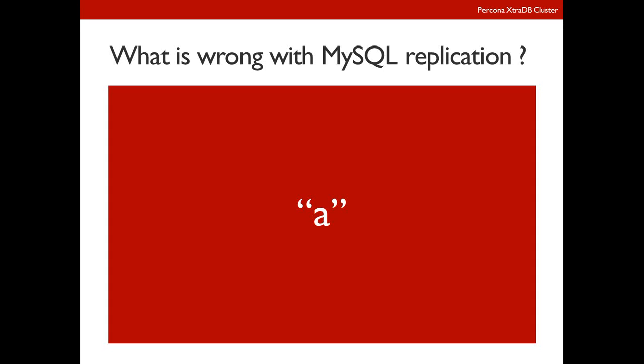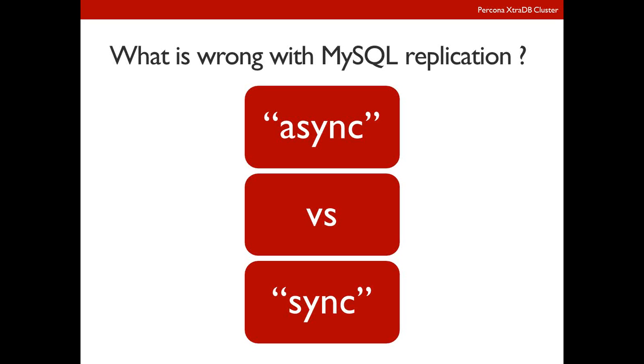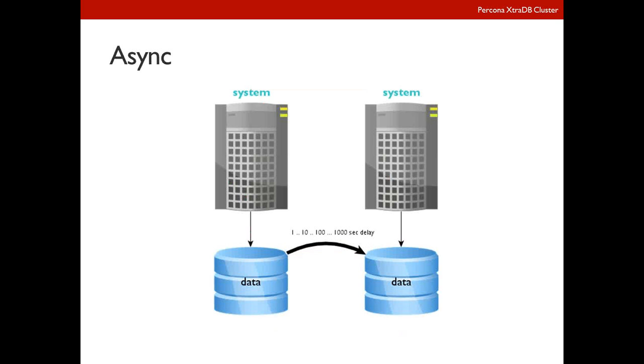So what is wrong with MySQL replication? This is as simple as A in asynchronous. MySQL replication is asynchronous. Asynchronous means that there is no confirmation or guarantee of when an event will be applied on a replicated system.